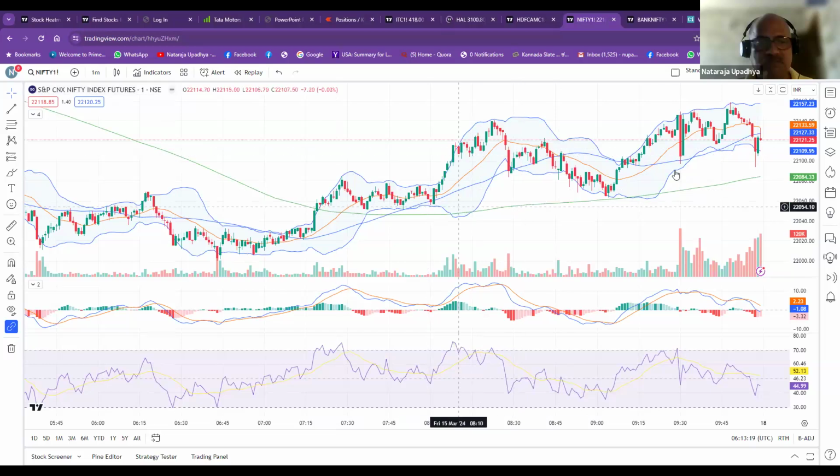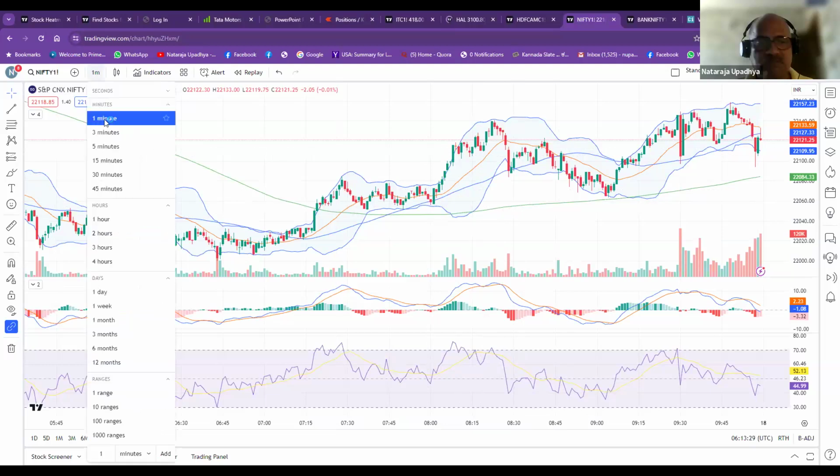Now let me talk about various aspects of the chart here. The chart is in terms of a time interval of 1 minute. So you can appreciate how the stock price, in this case an index, moves. An index is a set of stocks. So this is 1 minute.